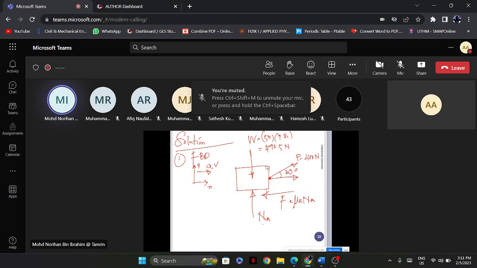The first step is you need to draw all forces which act on a particle at this instant shown.